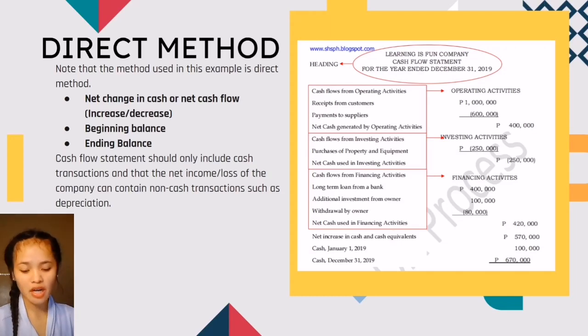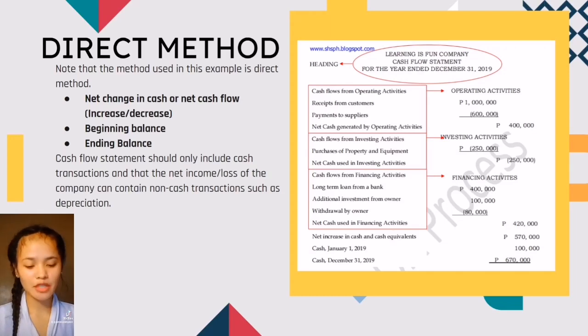Net change in cash, or net cash flows increase or decrease, is the net amount of change, whether an increase or decrease, for the investing and financing activities. Beginning balance is the balance of the cash account at the beginning of the accounting period. Ending balance is the balance of the cash account at the end of the accounting period. Compute using the beginning balance plus the net change in the cash for the current period.